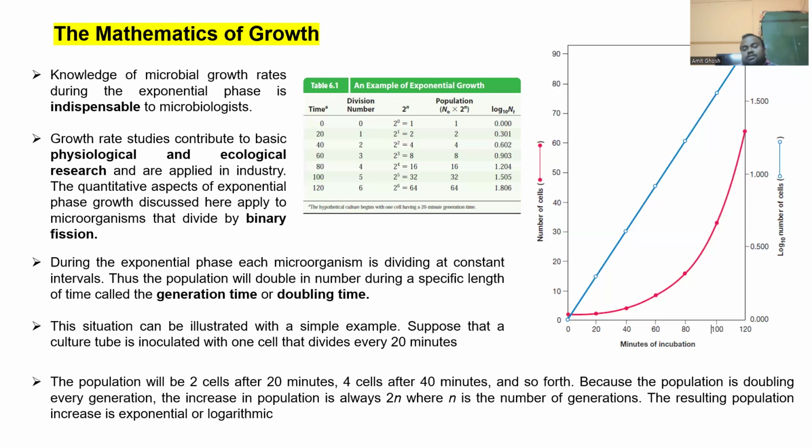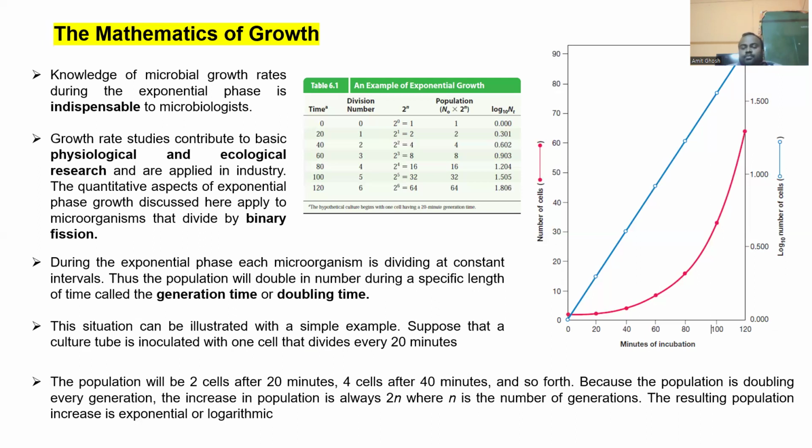So we can express this graphically. We can see the picture here with the x and y axes, where minutes of incubation versus number of cells is the red line, and the blue line is the log number of cells.